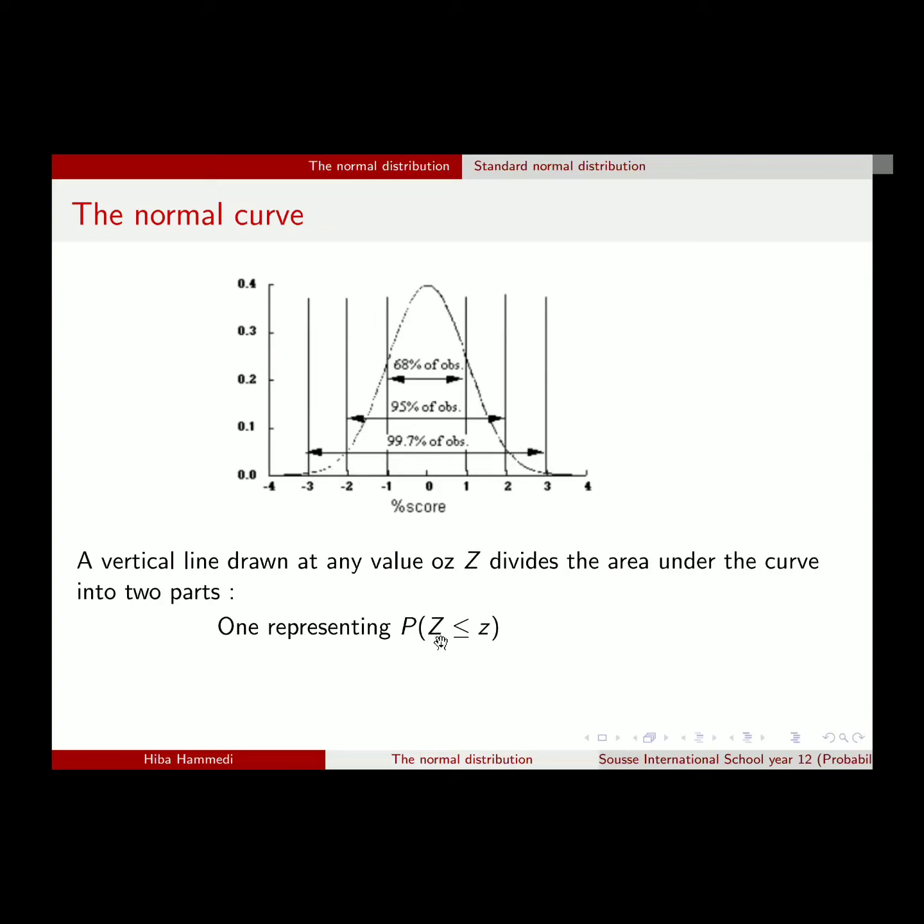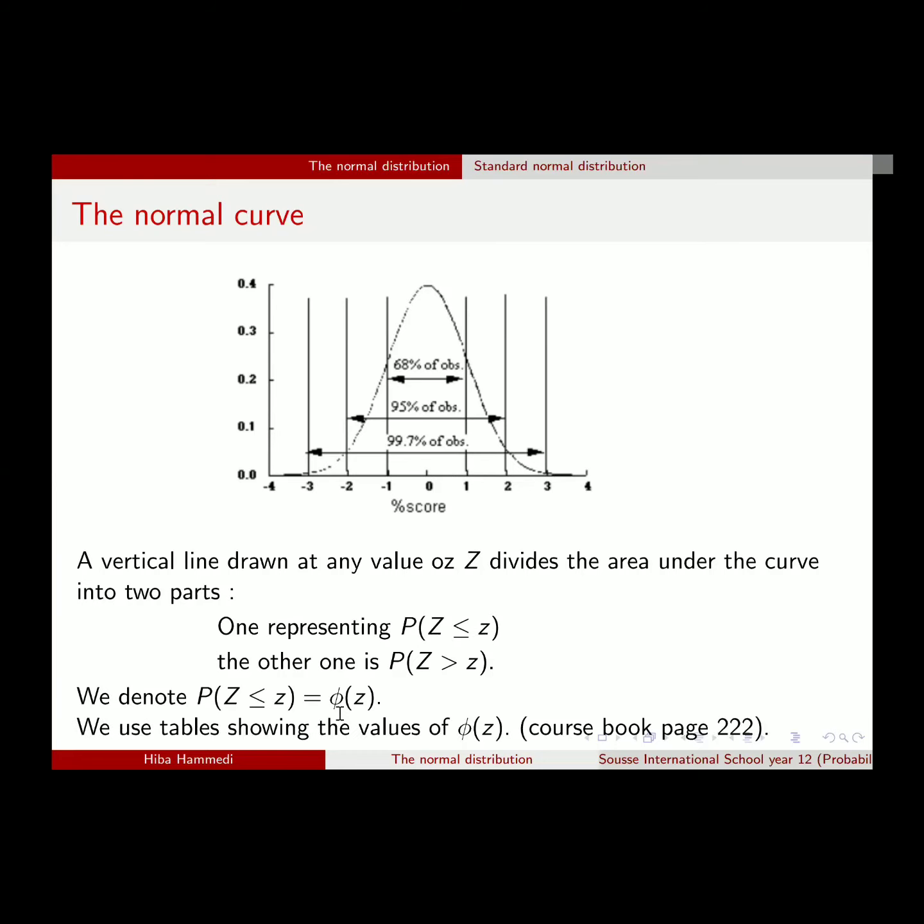So the probability that Z is less than little z will be the area under this graph up to 2 here, and the probability that Z is more than little z will be this small area here. To make it less complicated, when we are talking about the probability of Z less than z, we will denote it by phi(z). And phi is that function that we've talked about.